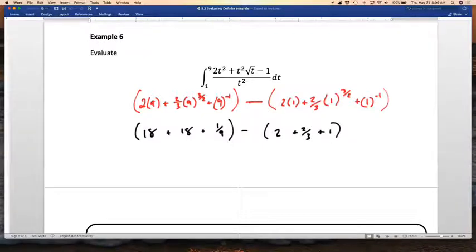So just a matter of putting these all together. We have 36 and 1/9 minus 3 and 2/3 or 4/9 gives us 32 and 4/9.